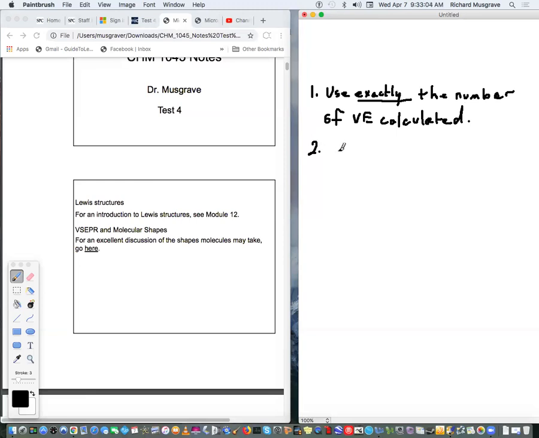And the second rule is everything around the central atom has 8 electrons, except hydrogen, which has 2. So all the outer atoms I'm talking about.